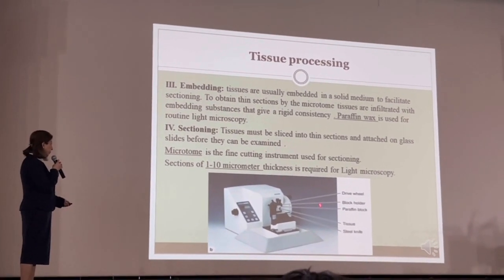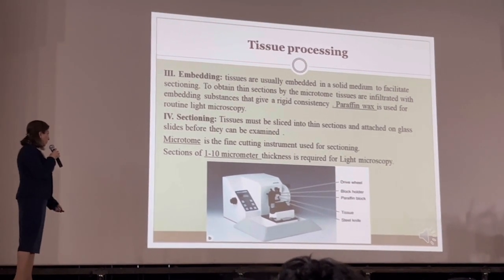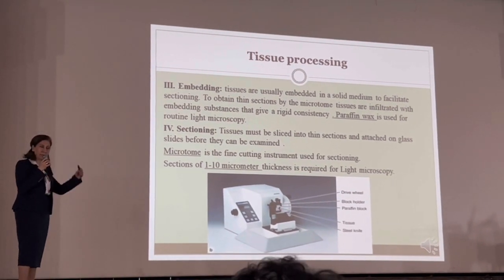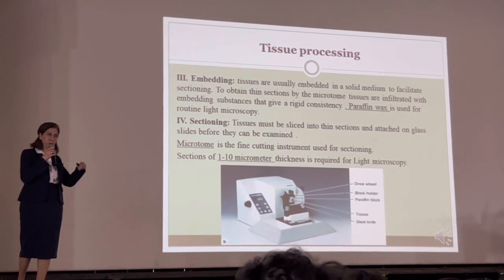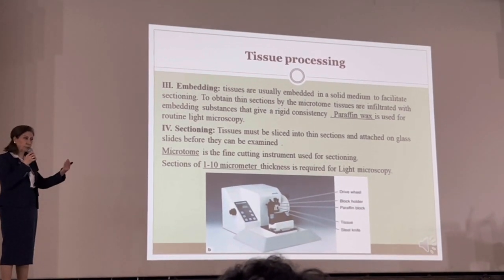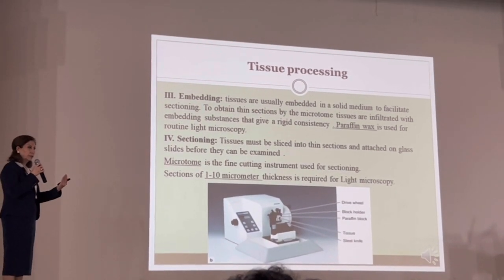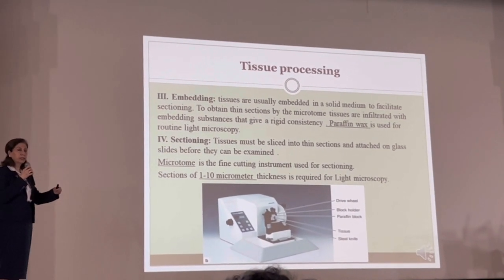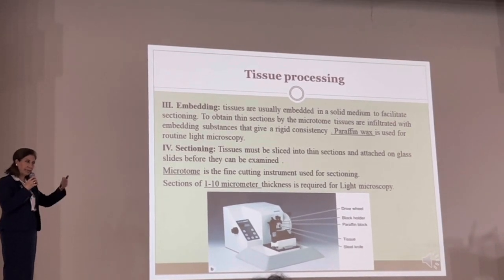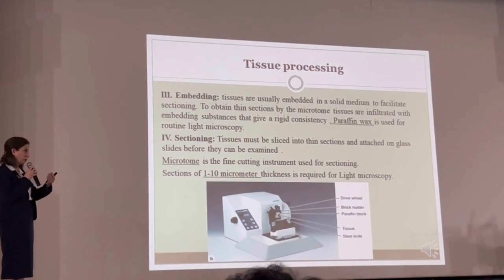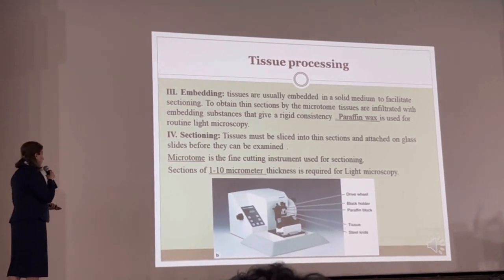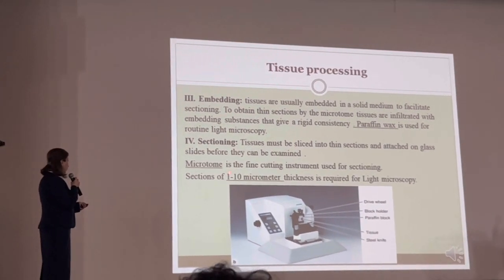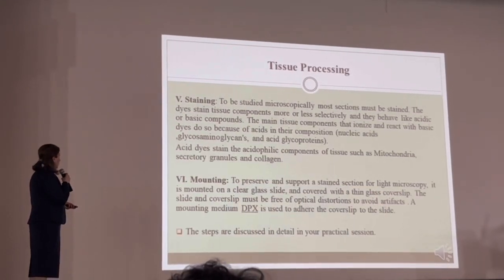It has a place where you can put the casket, or the hardened embedded tissue, and in front of it there is a sharp piece of steel that will take different sections of the tissue when you move it by a wheel, and later on it will be taken to the glass slide. So here, this is important. The sections should be 1 to 10 micrometers thick for light microscopy.